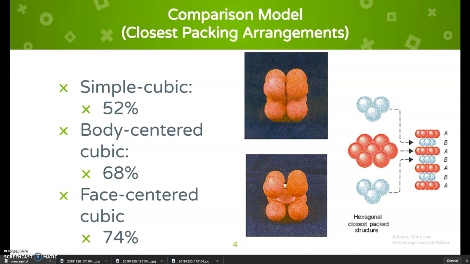Finally, the most efficient packing arrangement is face-centered cubic packing, and this is analogous to packing the tennis balls in a sort of triangular shape, where you place each tennis ball in the empty space created by 3 tennis balls in the layer below it, as opposed to 4 in body-centered cubic packing. As you can see in the picture on the right, the triangular shapes fit into that hexagon in the middle, and each ball touches exactly 3 other balls in the layer below and above it.